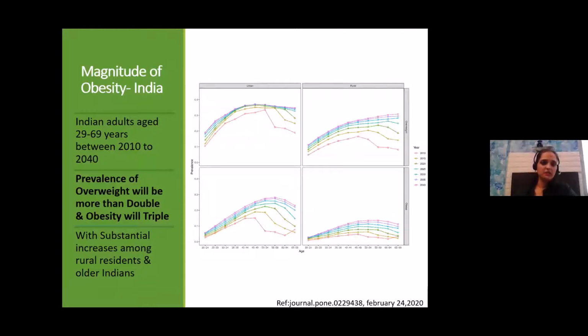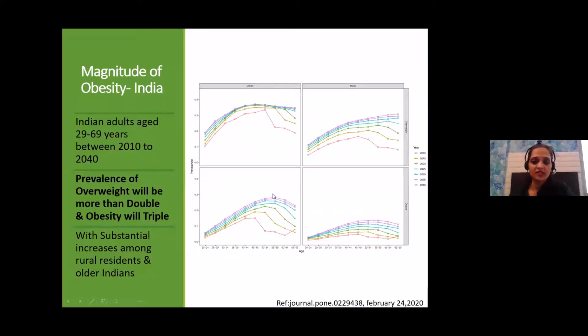For Indian adults aged between 20 to 69, it is predicted that between 2010 to 2040, the overweight category would double, and the prevalence of obesity would triple. The substantial increases among rural and older Indians are becoming prominent.